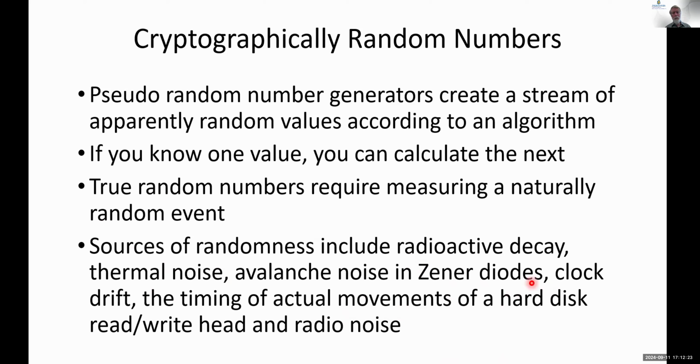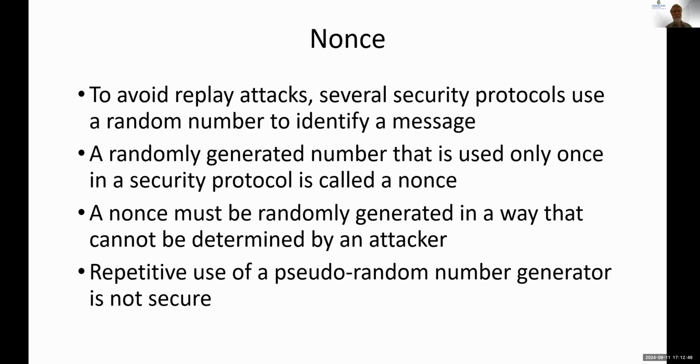Radioactive decay, thermal noise, all those sorts of things can be measured, and then it gives you a random number. Most systems now also have cryptographically random numbers. They take more time to generate, but they look at different values they can find on the system to generate a random number. It's actually a challenge to do that.